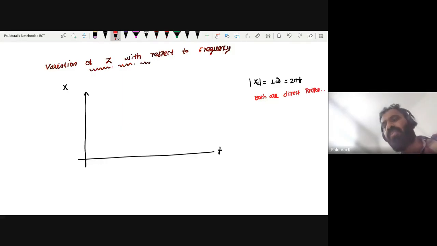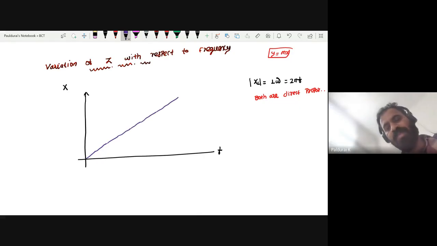If we increase frequency, what will happen to reactance? You know y equal to mx plus c, where c is the constant. If we remove c, we get y equal to mx. Here also XL equal to 2 pi f L, the same way. If we sketch this, you will get a straight line which passes through the origin.